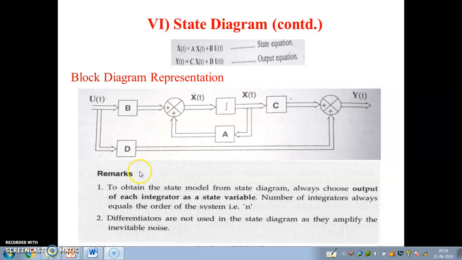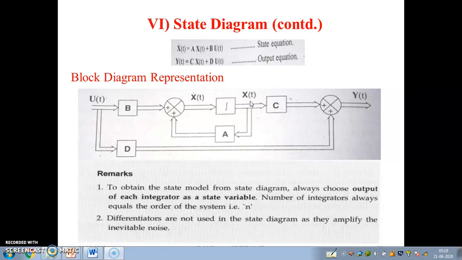These are the inferences obtained from the block diagram form. To obtain the state model from the state diagram, always choose the output of the integrator as the state variable. Number of integrators always equals the order of the system.